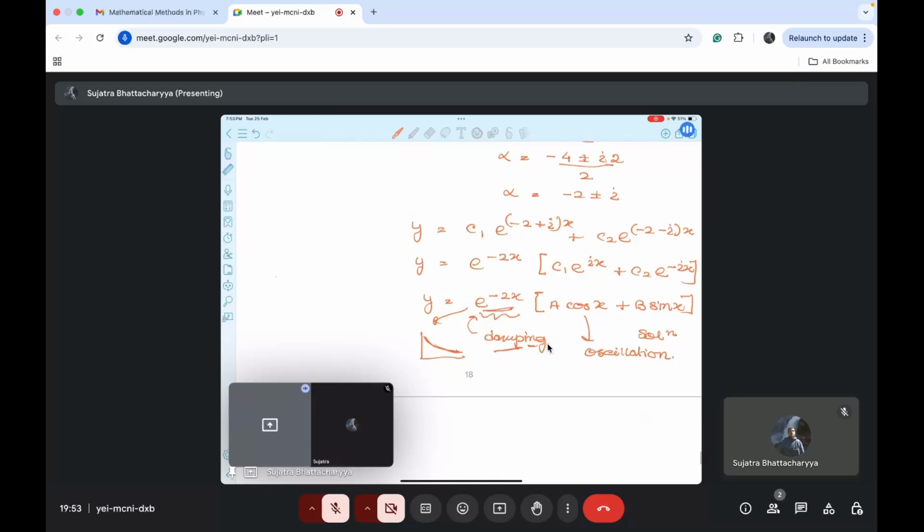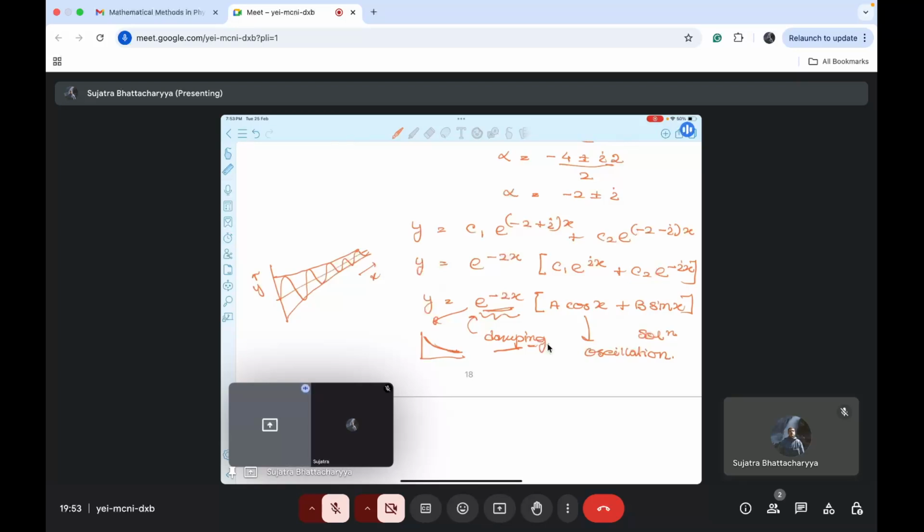So it is some kind of a system like this, which is damping as the time progresses. X is time, suppose. As the X, this is some Y. So this kind of feature. So it can be damping, you can see clearly, and there is an oscillation also. So this kind of a physical system is also being discussed.